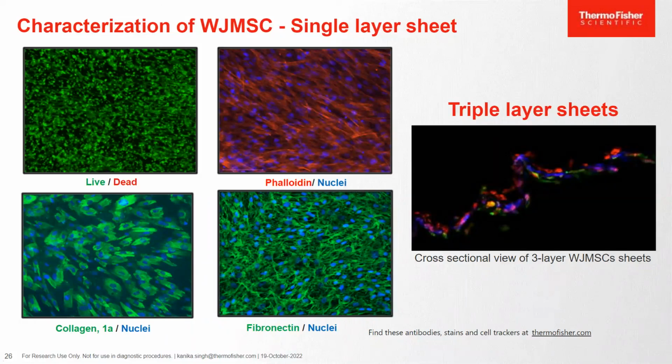So green, red, and blue. So these 3 colors which you are seeing are from the cell tracker, and you can layer them up, and after cross-sectioning them, you can view them like this. So in the same manner, you can stack as many sheets as you want depending upon the experiment, and you can transfer it to the host surface for your purpose.